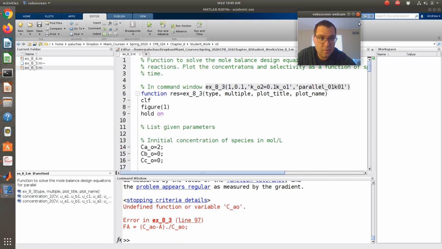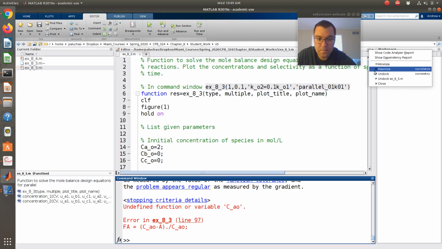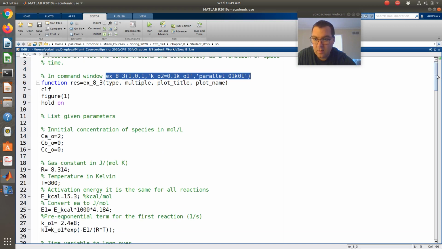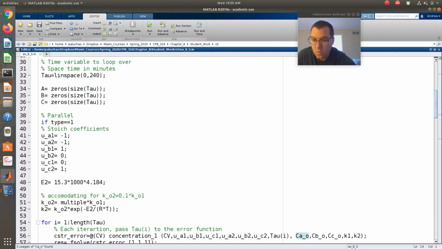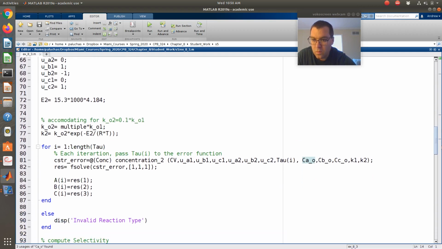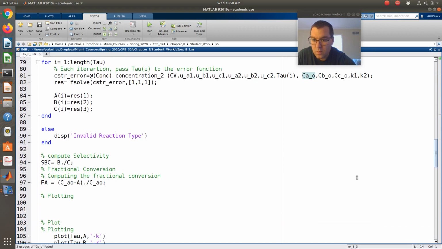Okay, so let's maximize your code again, and that's in line 97. So you have CA underscore O. So I copied it.